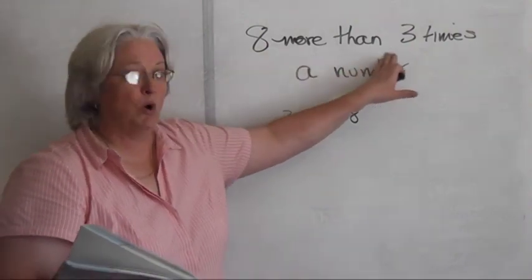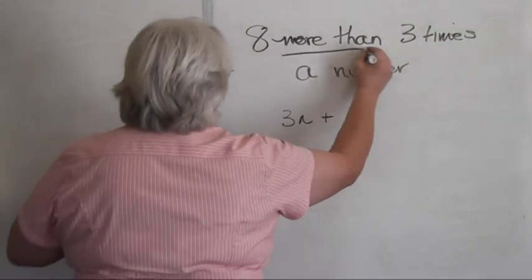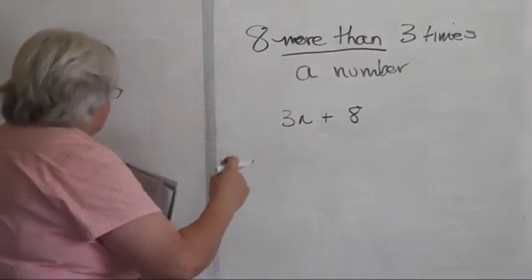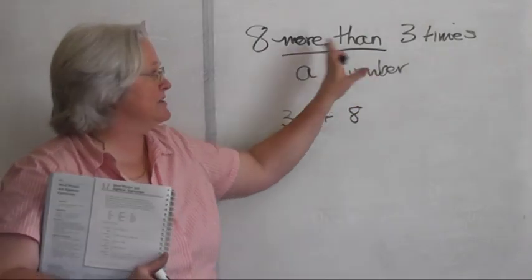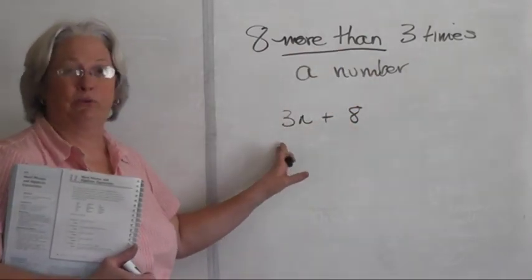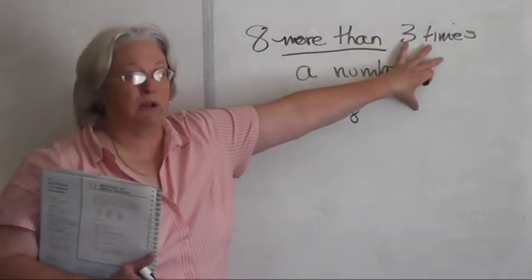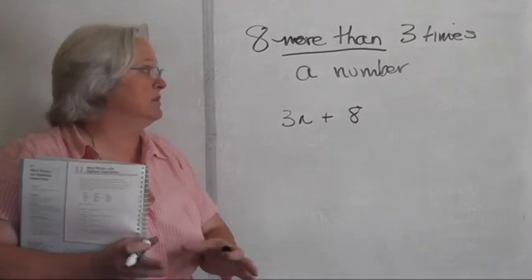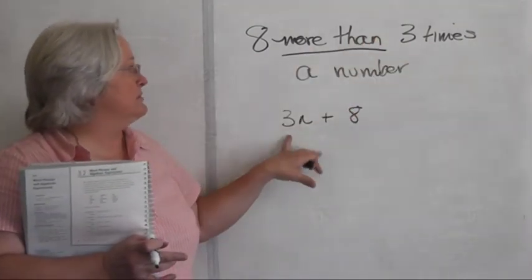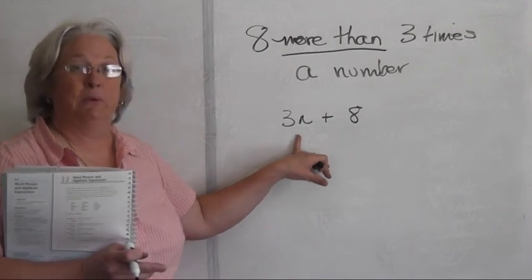Whenever you have more than or less than, you can almost write this in reverse. 8 more than 3 times a number. You have to be thinking, what am I starting with? What's my initial quantity? What I have at first is 3 times a number, and it's going to be 8 more than what I have at the beginning.